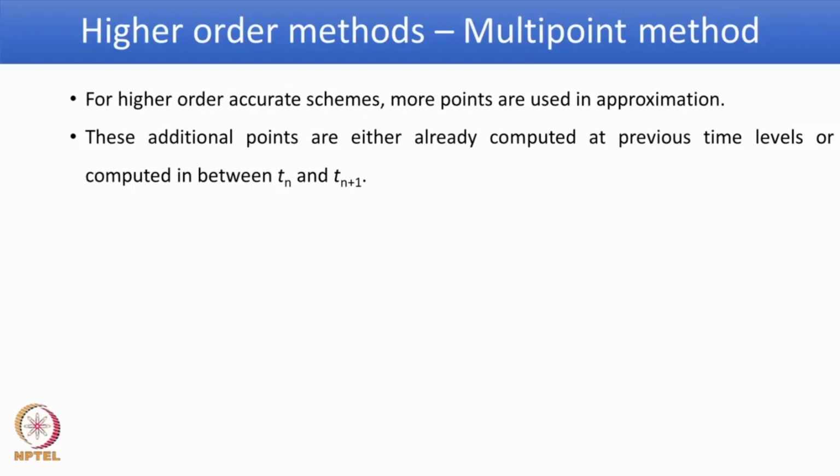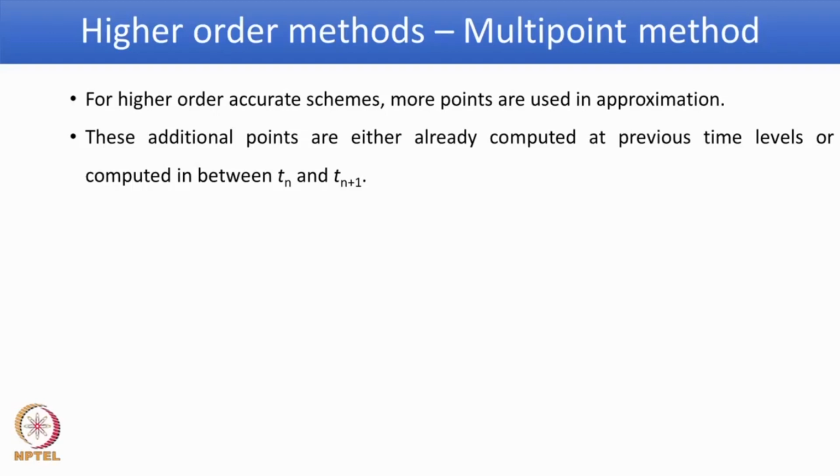So, for example, you are at current time level n plus 1, you have values at n, just the immediate previous time level. You also have values at previous time level n minus 1 or n minus 2. So, this is one possibility. Or the difference between time n and time n plus 1 can be divided into a number of points, and values can be computed at these intermediate points.